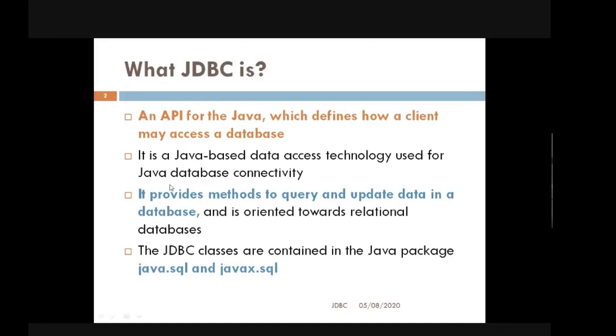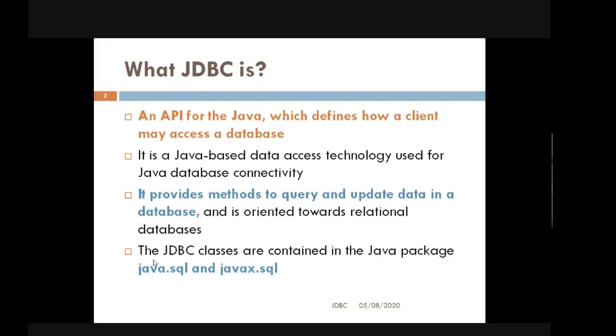So this JDBC is a Java-based API, which makes Java applications capable of connecting and communicating with the backend. So this API contains several classes and methods, so that the front end or Java application can communicate with the backend.